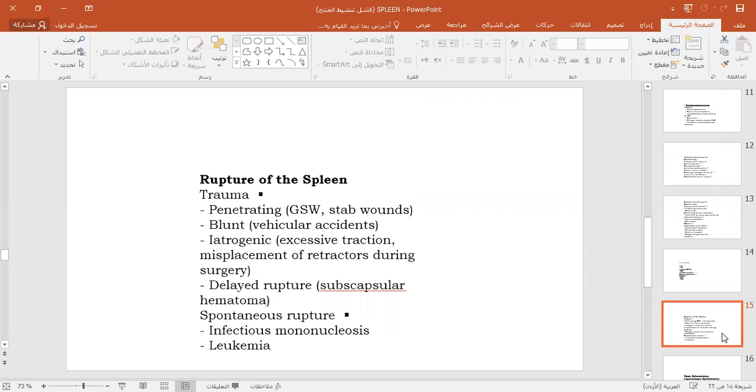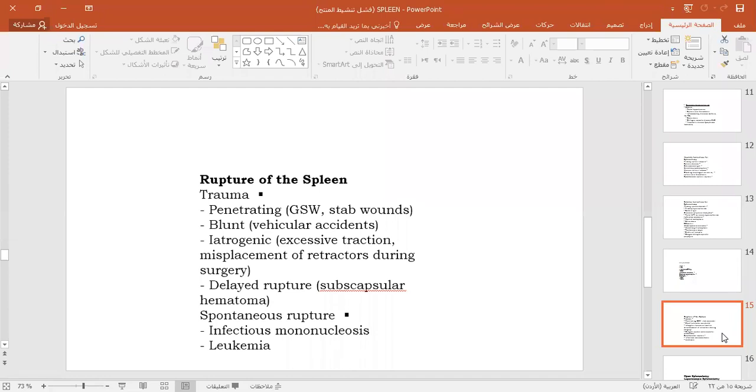Sometimes when the patient is hemodynamically stable, we need detail of the solid organ injury by CT scan. CT scan is important to give detailed information about the solid organ injury, and also gives grading of the solid organ injury, whether liver or spleen. And the grading, I will give you an idea about it.